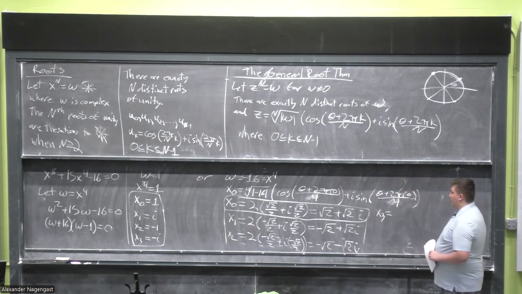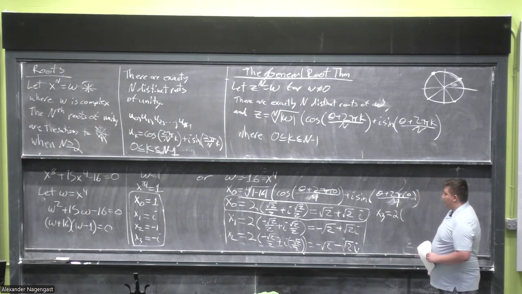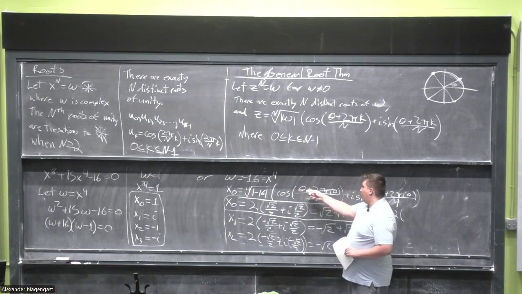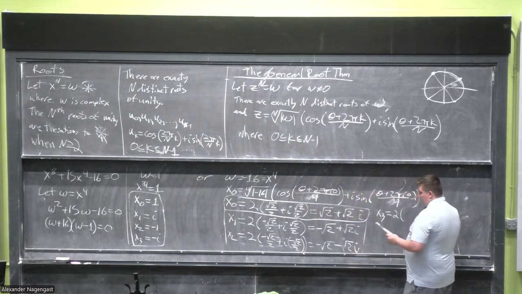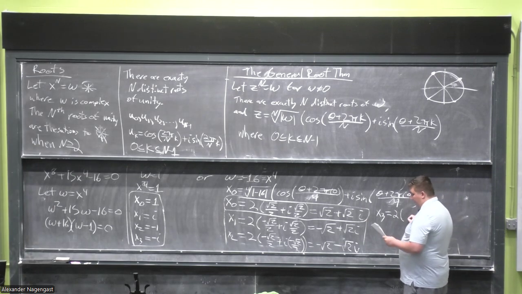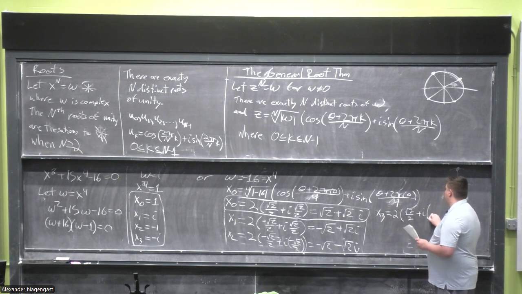And x3 is equal to 2 times, and now we'll have cosine of pi plus 6 pi, so that's 7 pi over 4. So cosine of 7 pi over 4 is square root 2 over 2. Sine of 7 pi over 4 is negative square root 2 over 2.